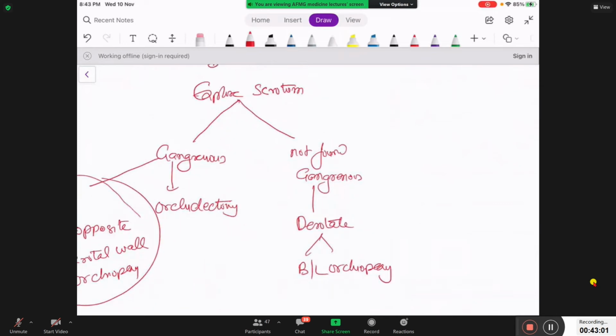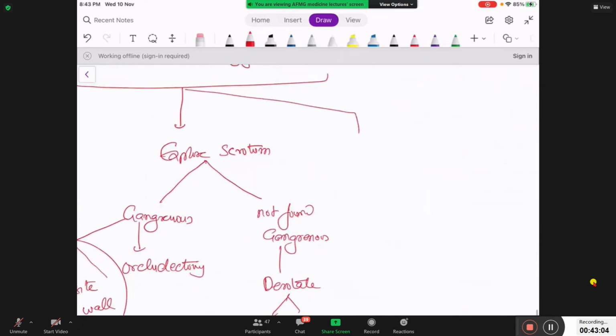But if the diagnostic clinical signs are not clear cut, if the profile of the patient is such that you are not able to differentiate clearly whether we are dealing with epididymo-orchitis or testicular torsion, we have to do color Doppler. The investigation of choice for testicular torsion is color Doppler, though you should understand that you are not going to do it once your diagnosis is clear cut on the basis of clinical signs and symptoms.